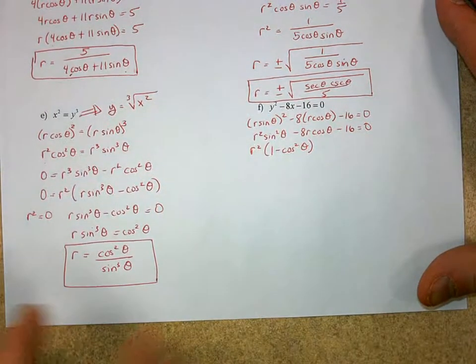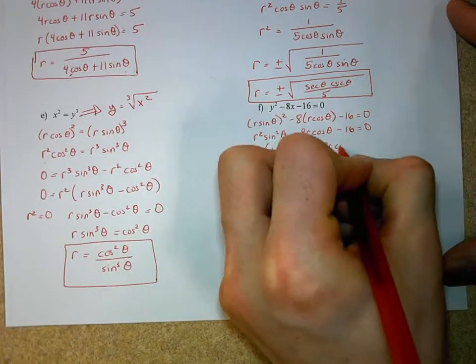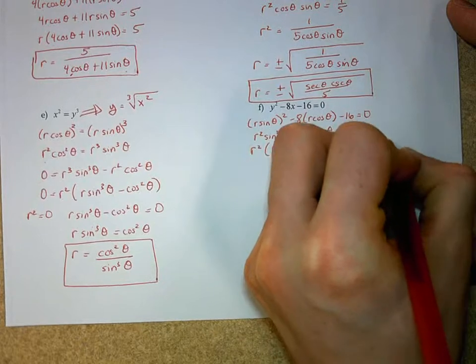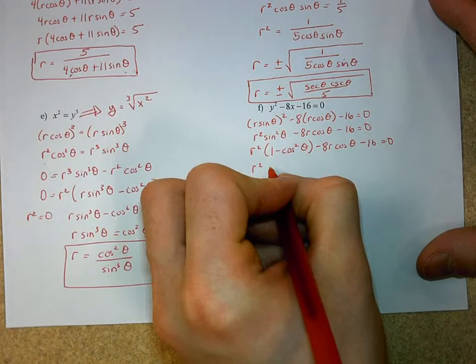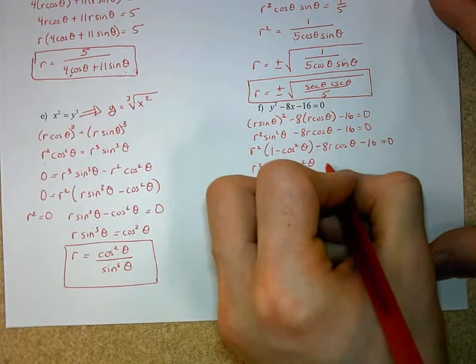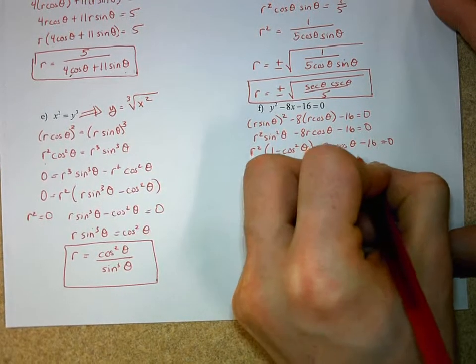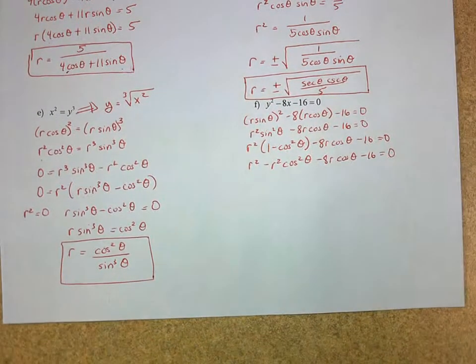R squared times 1 minus cosine squared of theta, and we'll distribute the r squared in. So r squared minus r squared cosine squared minus 8r cosine theta minus 16 is equal to 0.